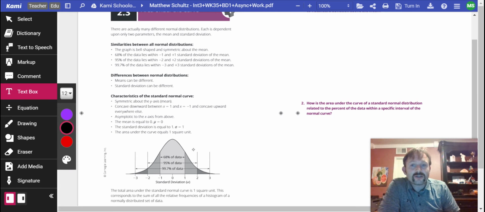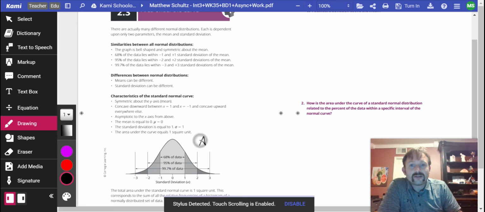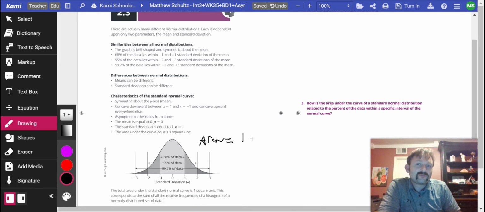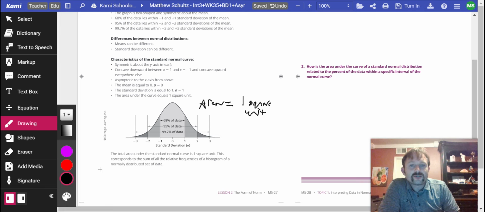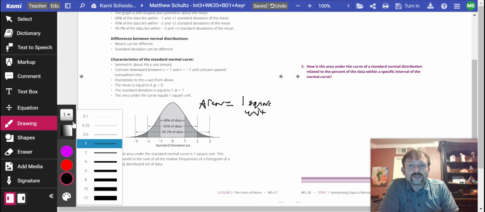And the area under the curve is equal to 1 square unit. So everything underneath this curve is equal to 1. Area equals 1 square unit. So the total area under the standard normal curve is 1 square unit.